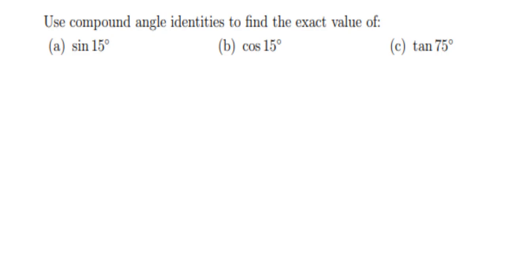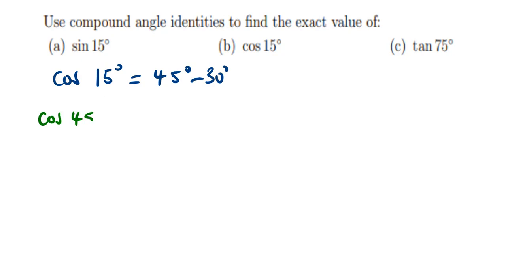So we are solving cos 15 degrees. Not much different from what we just solved. This is the same as 45 minus 30 degrees, and we're going to do the same. We're going to find what cos 45 is, what cos 30 is, what sin 45 is, what sin 30 is.